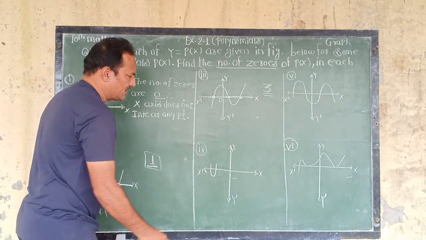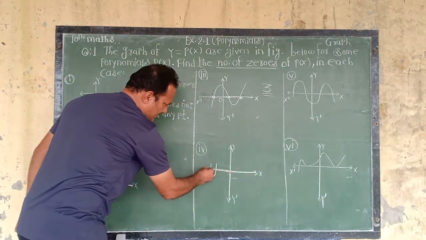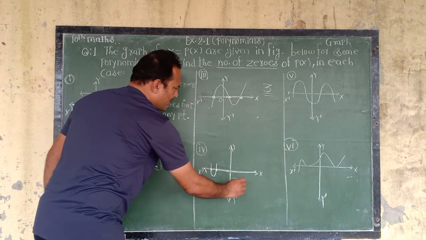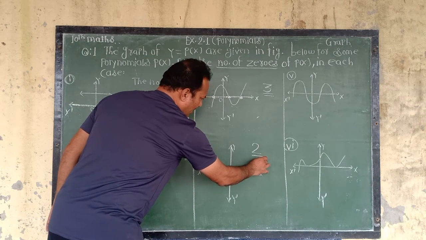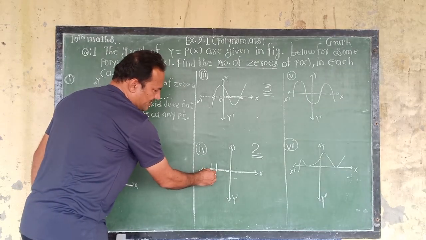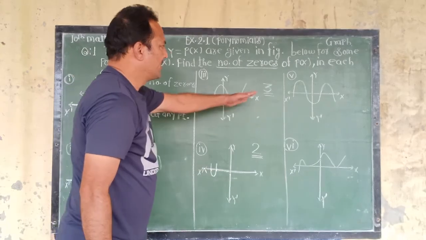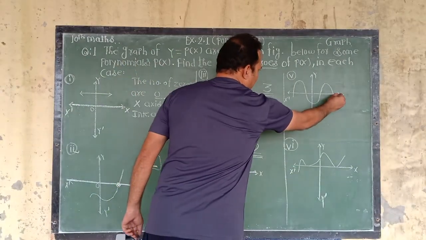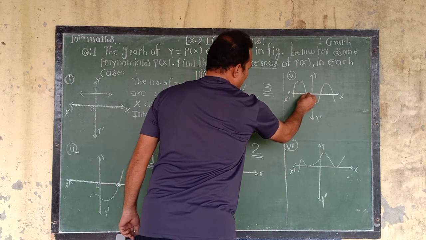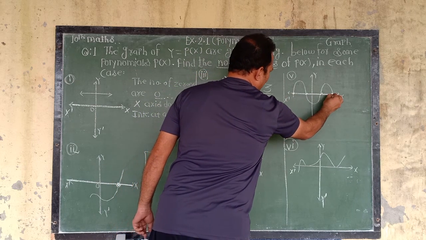In the fourth, this is the x-axis. It is intersecting at 2 points. Then the number of zeros is 2. In the fifth, see the x-axis intersecting at 1, 2, 3 and 4 points.